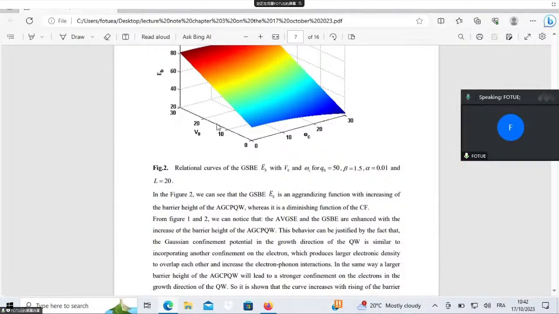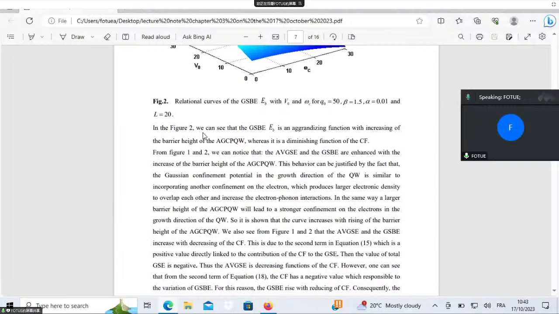It means as this potential increases, the stronger the confinement of the electron in the growth direction arises. And consequently, we have more electrons and more phonons, which are going to interact. And we can see that there is an increasing with the height of the asymmetric Gaussian confinement potential well.